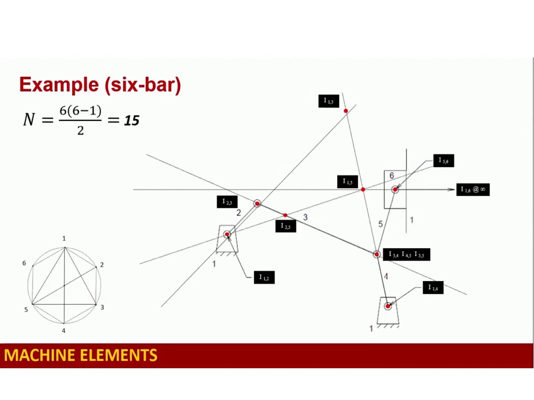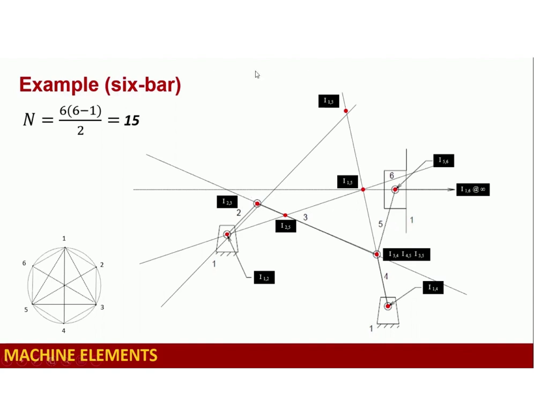So we now have instantaneous centers 1, 2, 2, 3, 2, 5, 1, 5, 1, 3, 1, 6, 5, 6, 3, 4, 4, 5, 3, 5, and 1, 4. So let's find the other instantaneous centers.